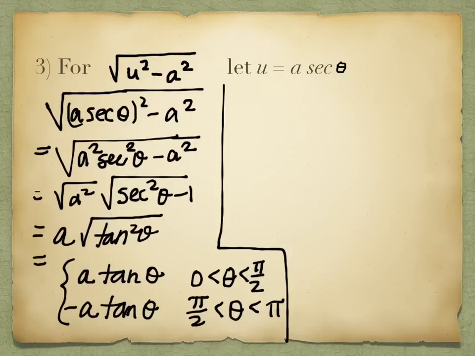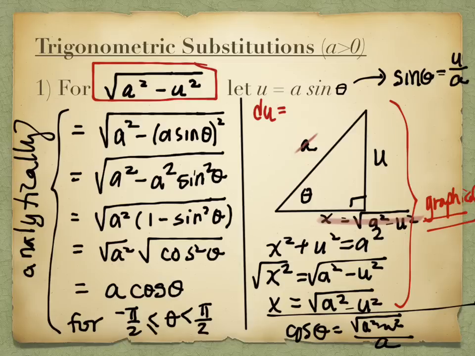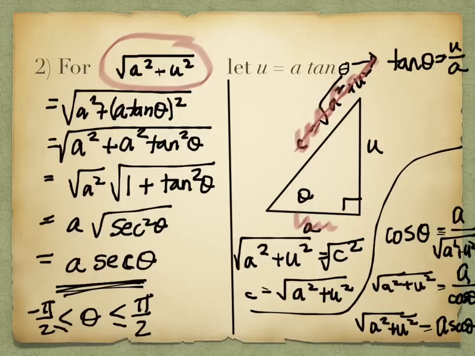Any idea why I skipped theta actually being equal to pi halves, or for that matter, equal to 0 to pi? The other ones didn't have problems with the equal to.